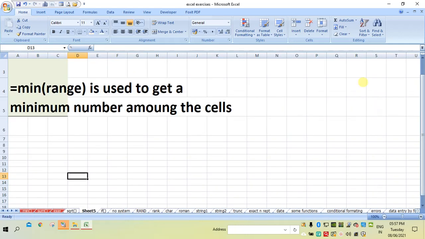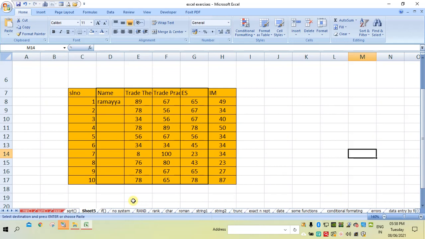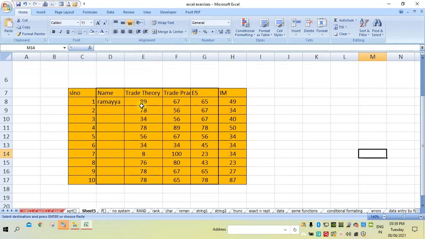The next function is minimum. The minimum function is used to find the minimum among many numbers. Its syntax is equal to MIN, in brackets a range of cells. Now let us see how to use it on the numbers. In this column, let me find the minimum marks obtained in trade theory.